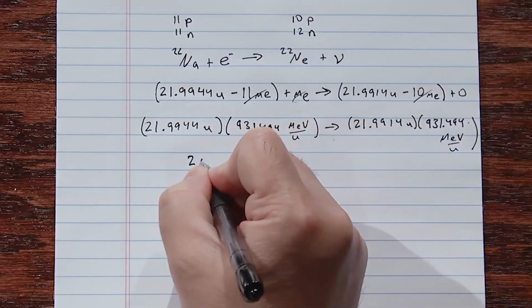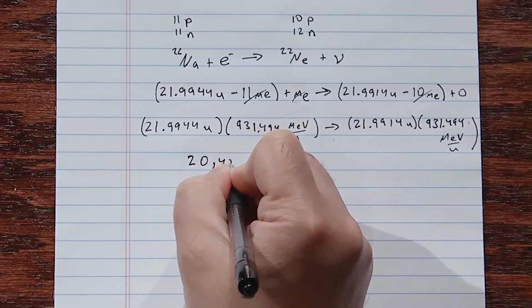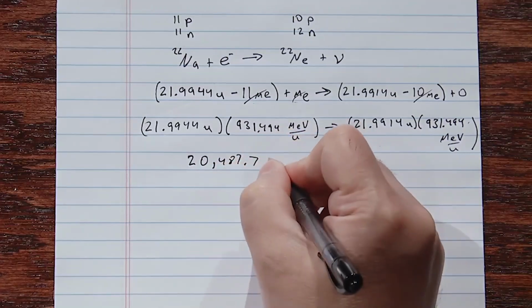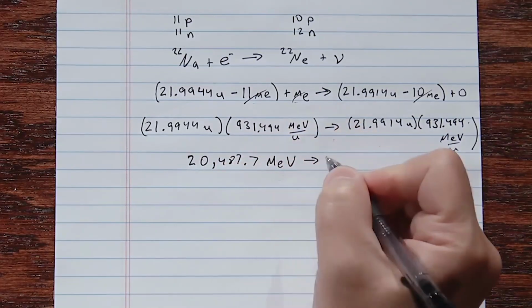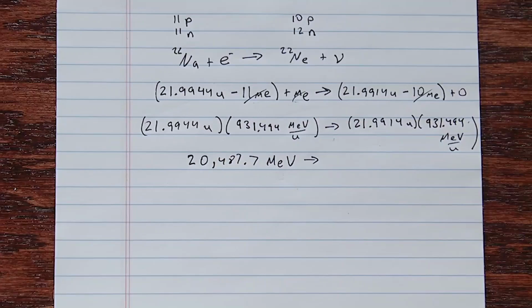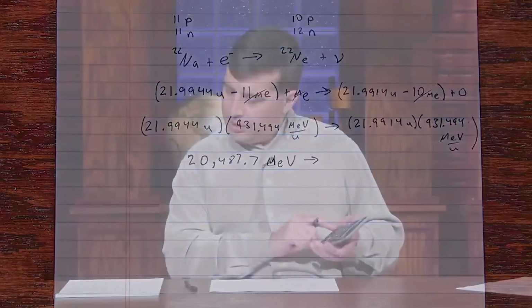And so we have 20,487.7 mega electron volts on this side, and that goes into 21.9914 times 931.494.